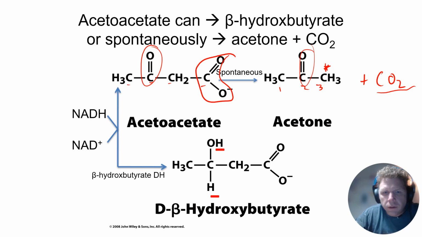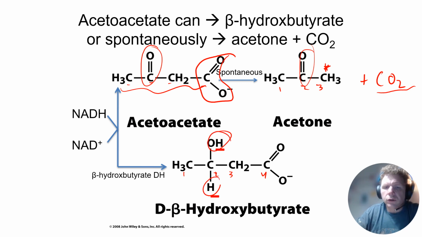That acetoacetate, this molecule right here, can also go in the direction of beta hydroxybutyrate. So again, 1, 2, 3, 4 carbons long, but rather than having that carbonyl oxygen, we have an OH and an H there.